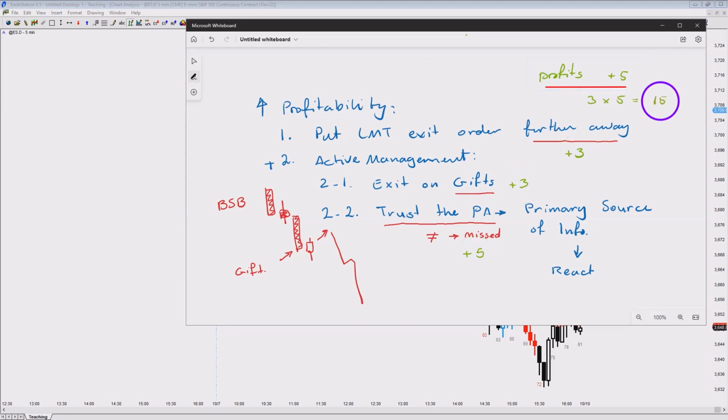In these cases, you are making, on average, 5 more points. So by just doing this, you add 5 more points, and now you're at 20. And this is a plus 30% gain in your performance. You know, fund managers would give an arm and a leg to get that much improvement. And this is just by doing 3 simple things. So please consider doing them, because it's probably going to change your profitability profile significantly.